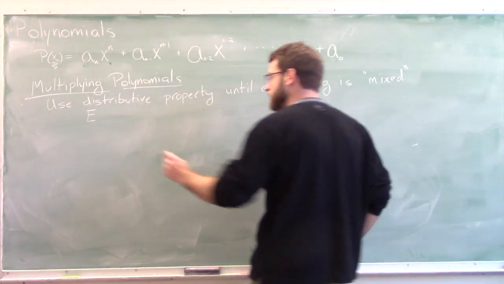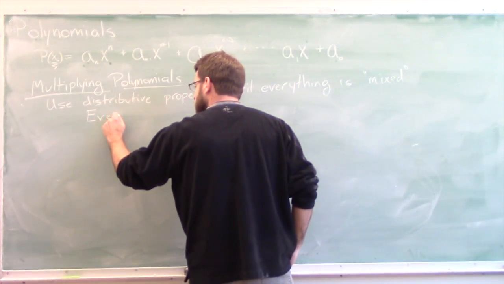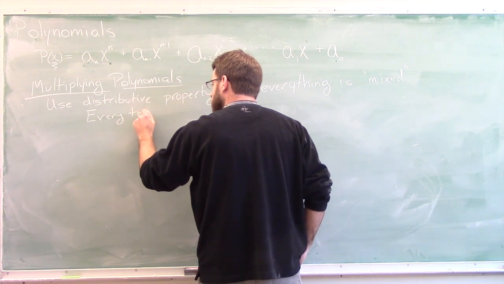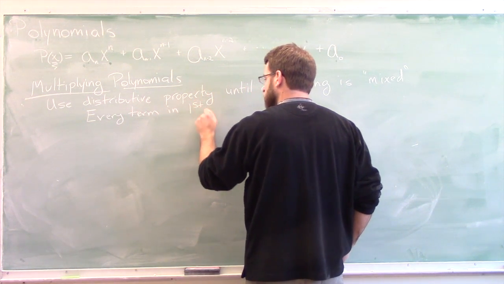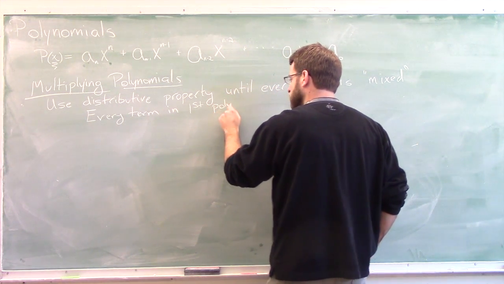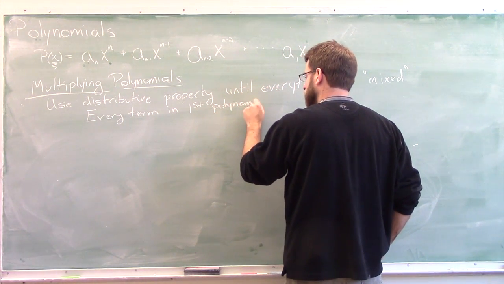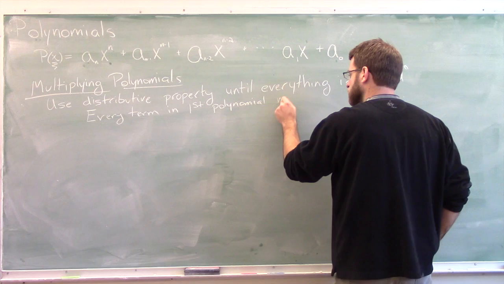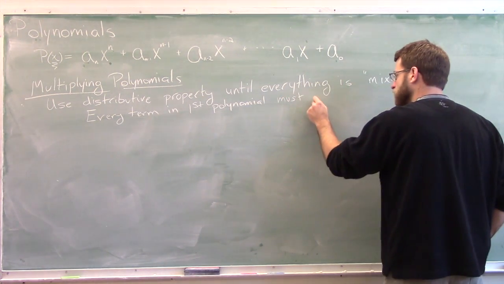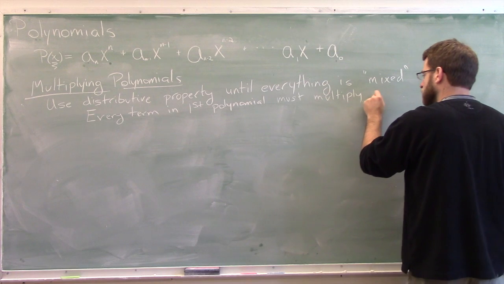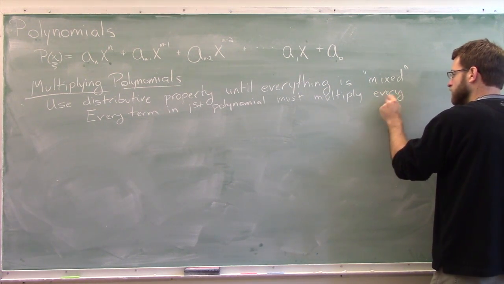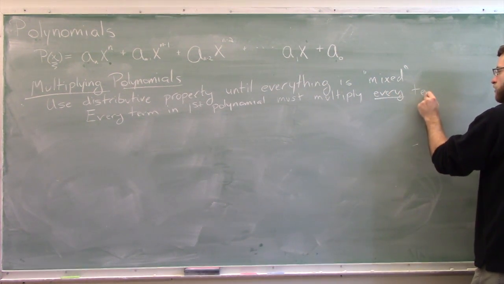What we need is every term in the first polynomial must multiply every term in the second polynomial.